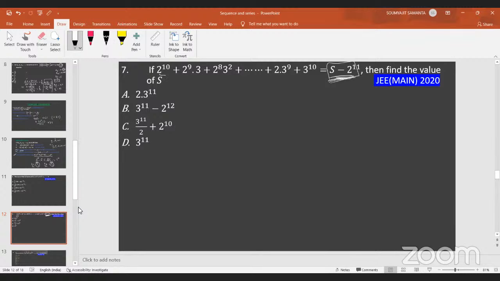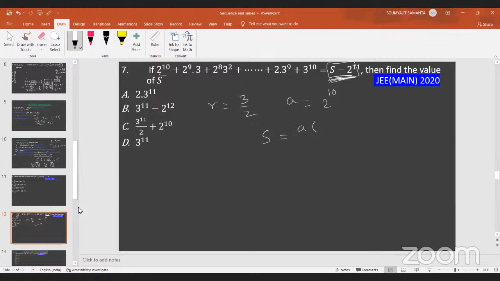What is the common ratio? What is R here? 3 by 2. What is A? 2 to the power 10. So we know the formula for GP. What is S here?